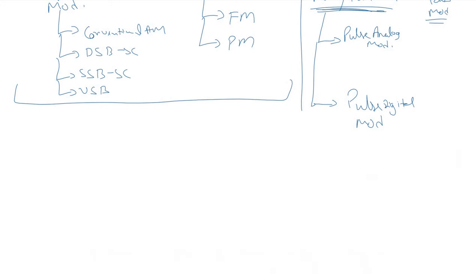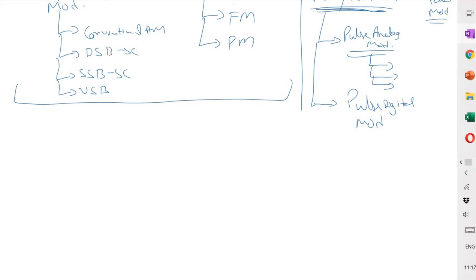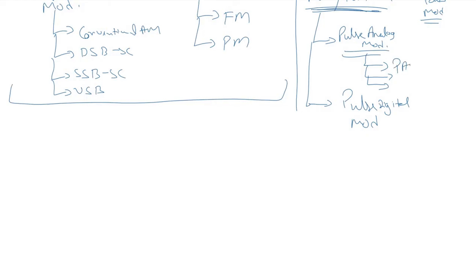Pulse analog modulation is further divided into three main categories, which are your PAM, PPM, and PWM. PAM stands for pulse amplitude modulation, PPM stands for pulse position modulation, PWM stands for pulse width modulation.